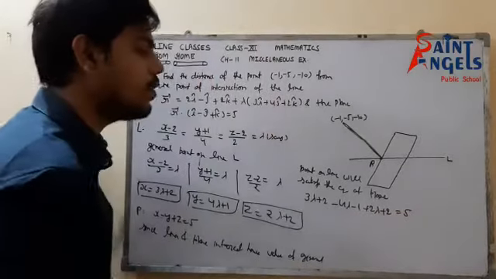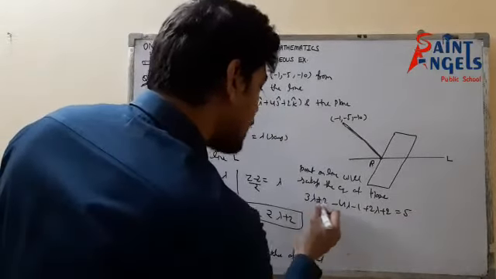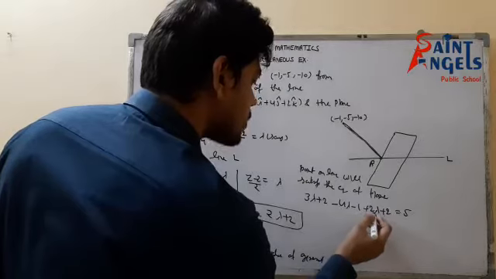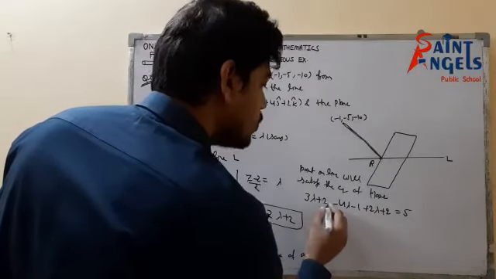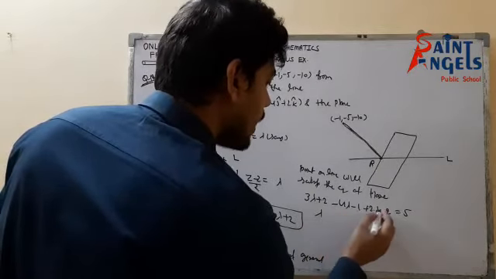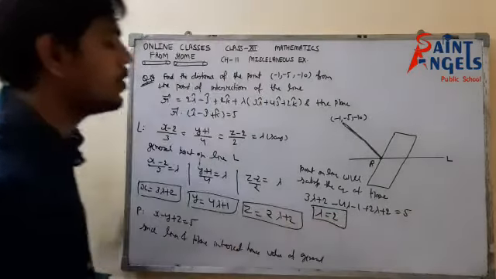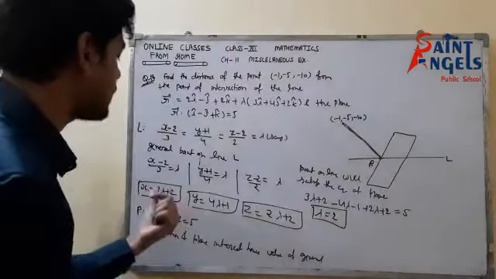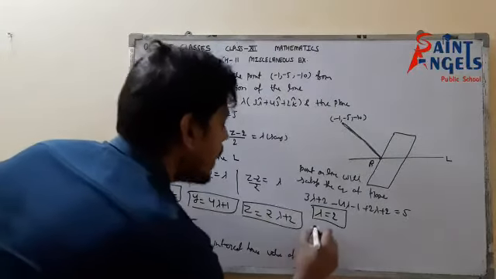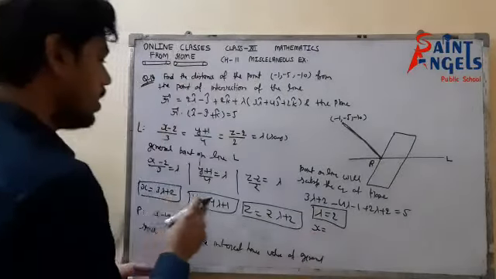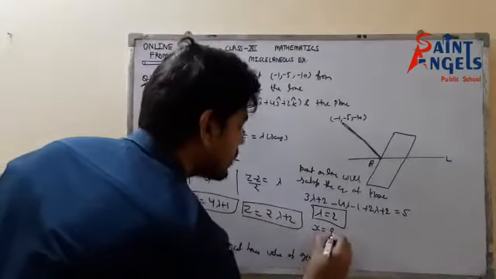So from here we will find the value of lambda. So it would be 3 lambda minus 4 lambda plus 2 lambda, that is lambda. 2 minus 1, 1 and 2, 3, so lambda plus 3 equals 5, that would be 2. So lambda equals to 2. Now we will put the value of lambda to get x, y, z. So the value of x would be 6 plus 2, 8.